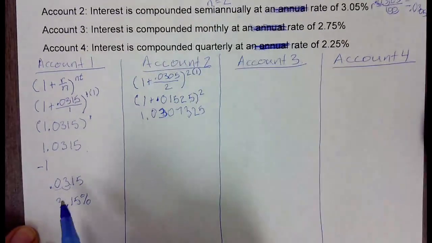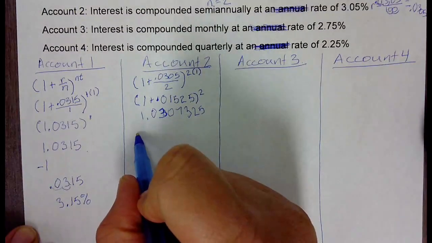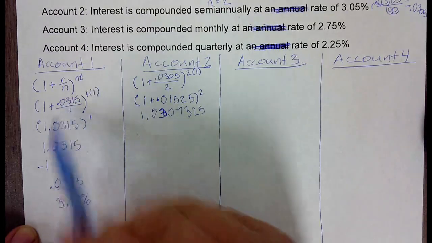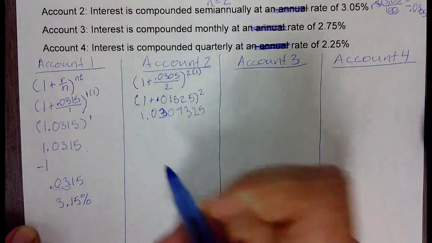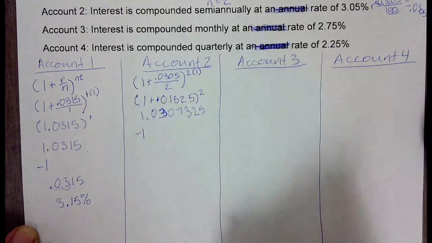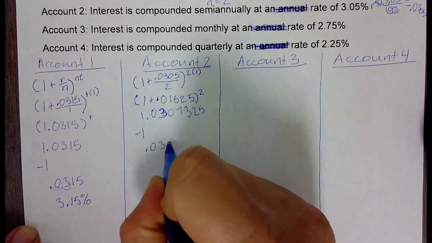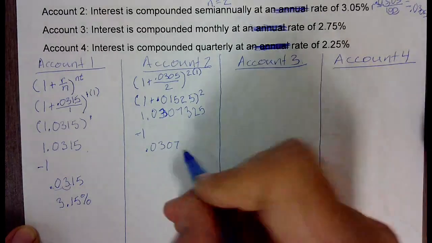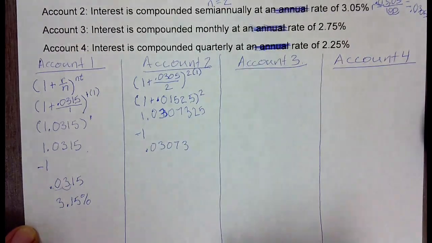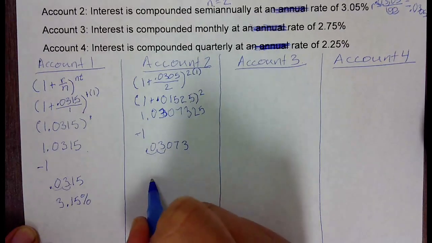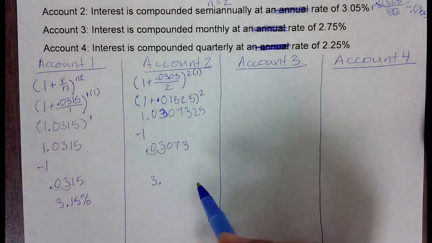Then, just like I did over here, I'm going to subtract 1 so that I can find that rate if it was 1 compounding period per year. So minus 1, I'm left with 0.0307, so on. I'll add a 3 there. I'm going to move my decimal place over 2 places to the right to convert my decimal to percent. So 1, 2, 3 point.